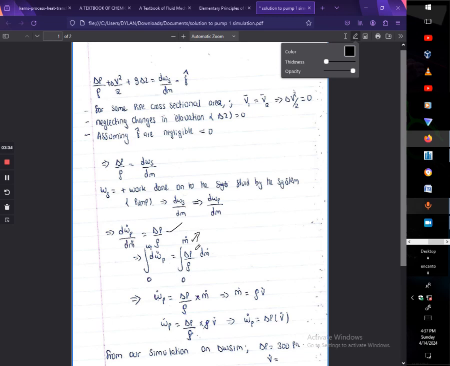So the rate of work applied to the pump will be equal to the change in pressure over the density multiplied by the mass flow rate. The mass flow rate is equal to the density times the volumetric flow rate, which means the density and density will cancel. So we have the pump work equal to the change in pressure multiplied by the volumetric flow rate.